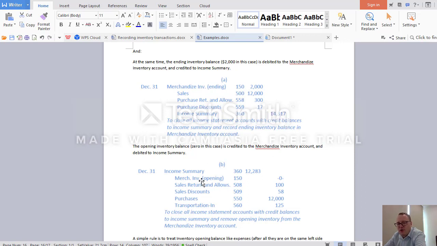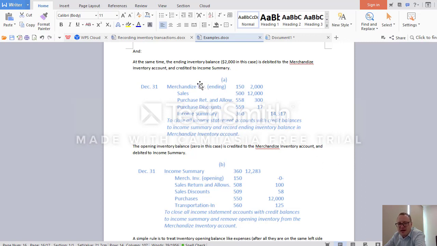The opening inventory would be added together with purchases and other expenses and contra revenue accounts. You will get 12,284. The difference between these two items will go into the income summary and then be transferred into the retained earnings. The difference would be 2,034.